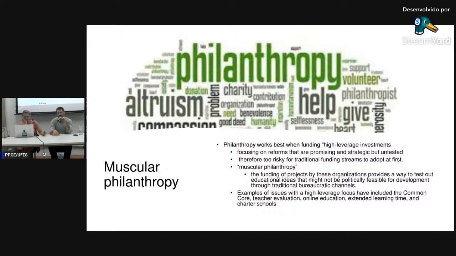Isso pode ser danoso. So some issues where these philanthropies have really made an impact include the Common Core, which is a standards movement, teacher evaluation, using online education, extended learning time, which sounds like something happening here with the high schools, and charter schools. Então, algumas políticas que foram altamente impactadas por essa filantropia, Gates Foundation.